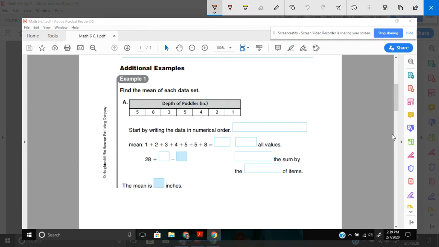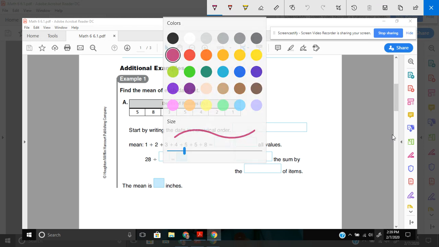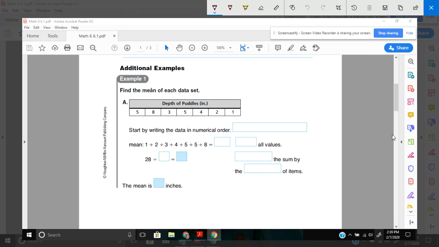So the first example wants us to find the mean. Remember, the mean is like the average. And to find the average, you add up all of your data points. For our example here, we're looking at the depths of puddles. You add up all of your data points, and then you divide by how many there are.